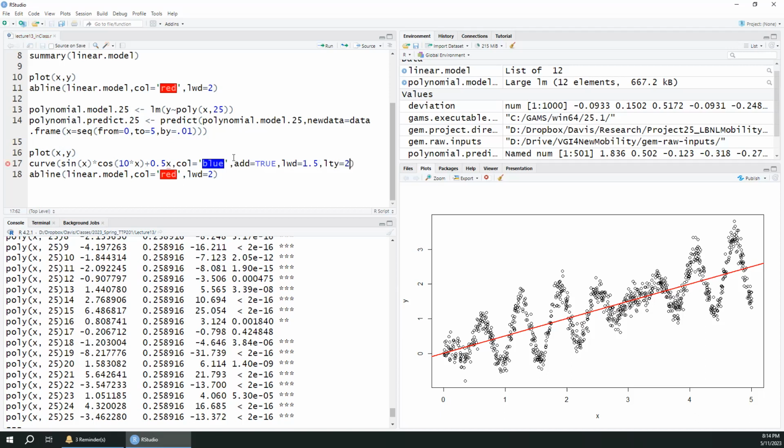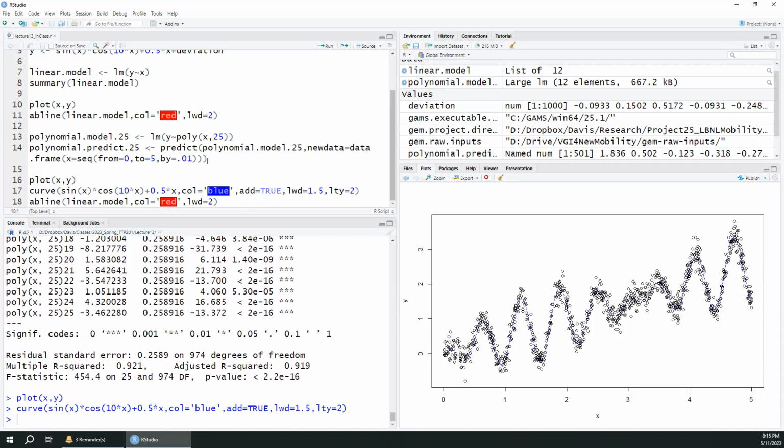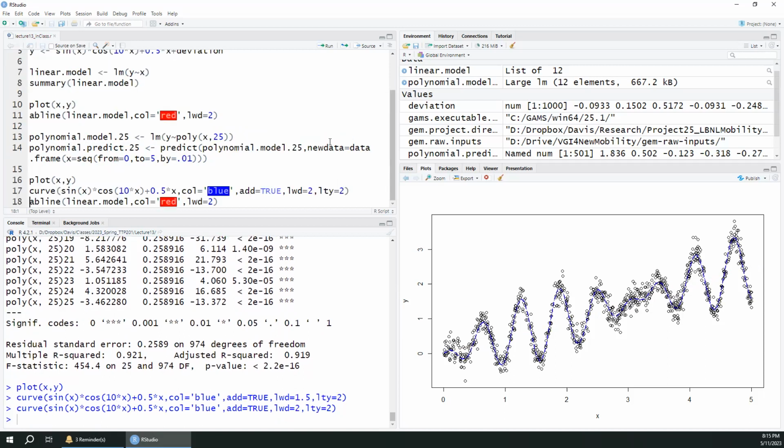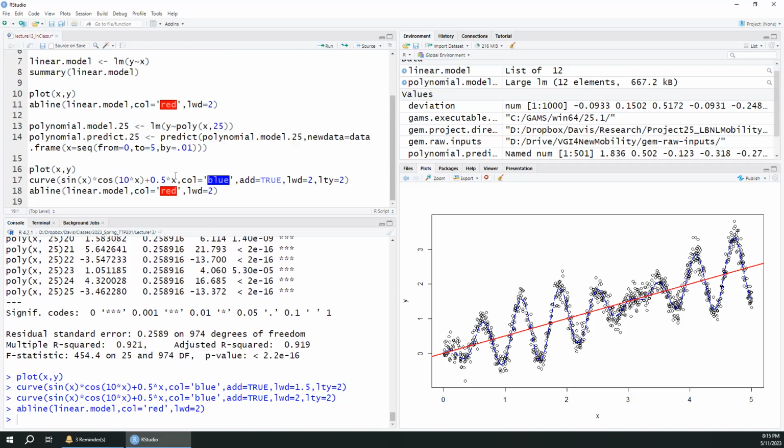So this would be the true function here compared to the linear. Let's see, it's saying that I have some kind of mistake. 1 second. Here. Same thing as before. Okay, so let's plot this again. And let me make the line width a little bit larger so it's easier to see. So that blue line represents the true value, and that's our linear regression.